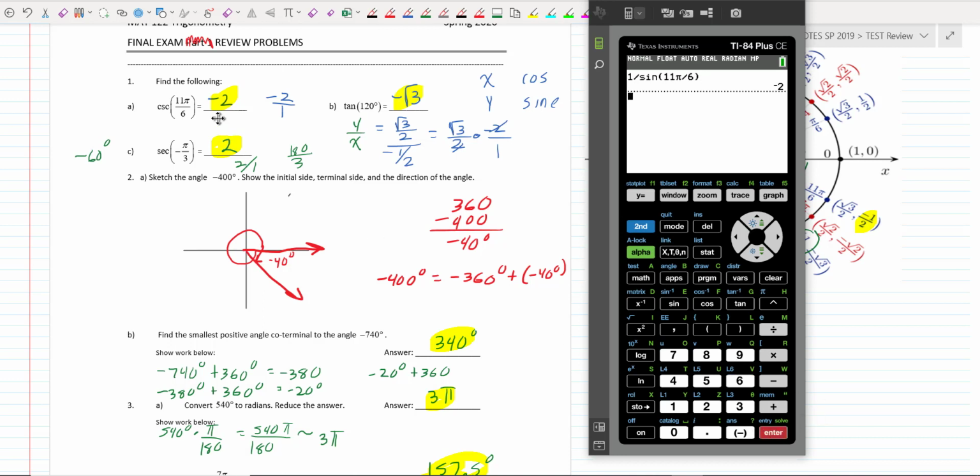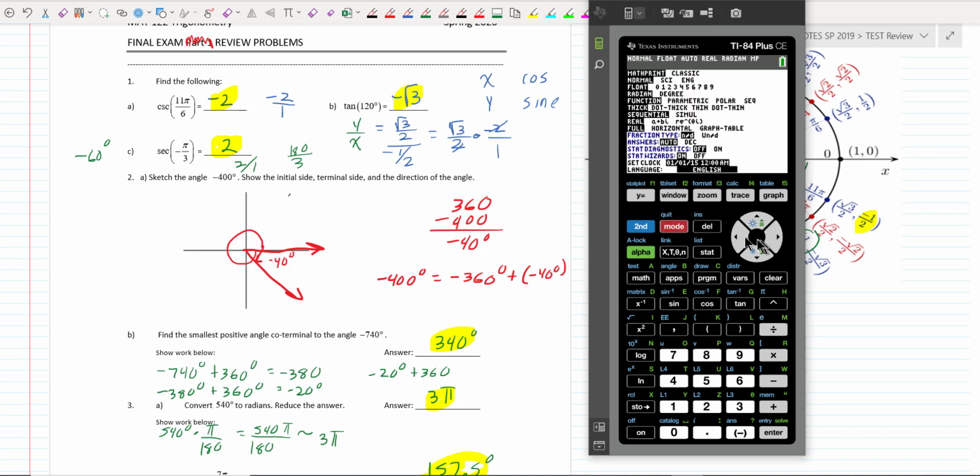So that verifies that. This part C, if I did the secant, a secant's 1 over cosine, so if I do 1 over cosine of -pi over 3, then that should give +2. So it's all verifiable.